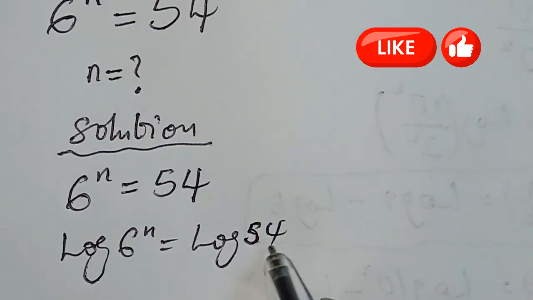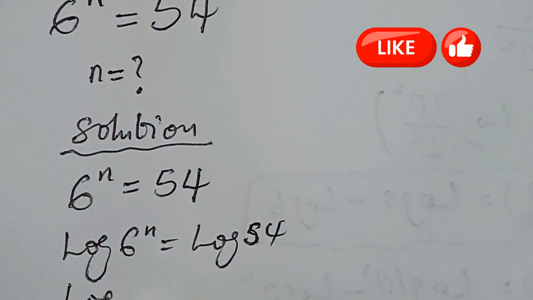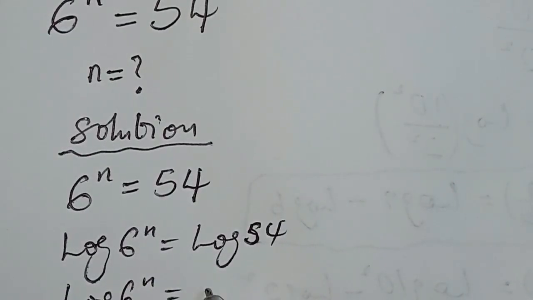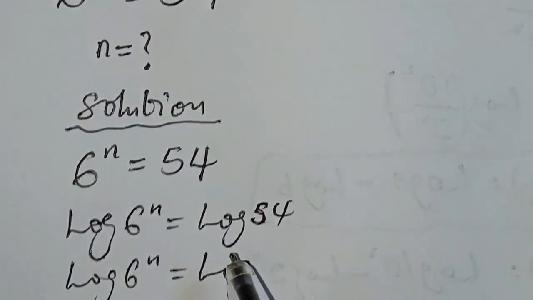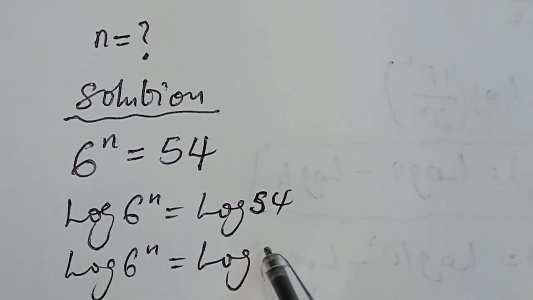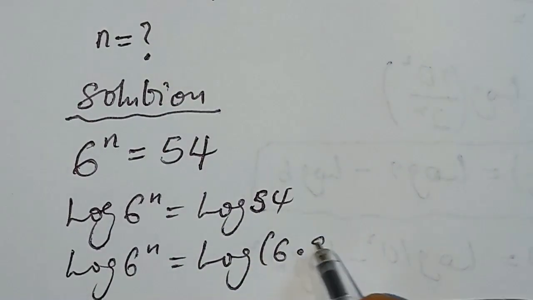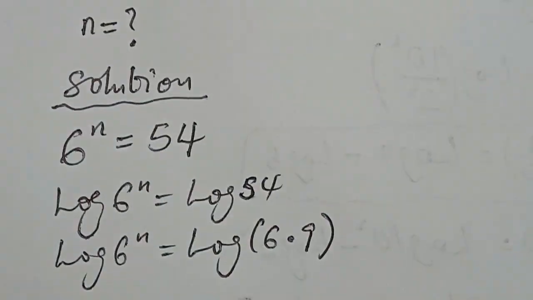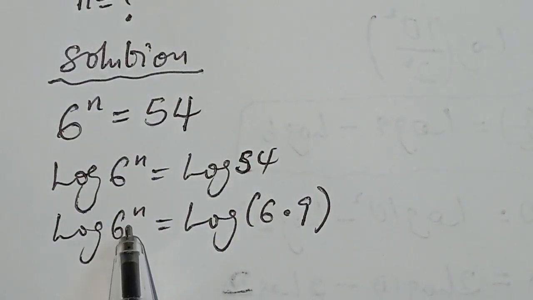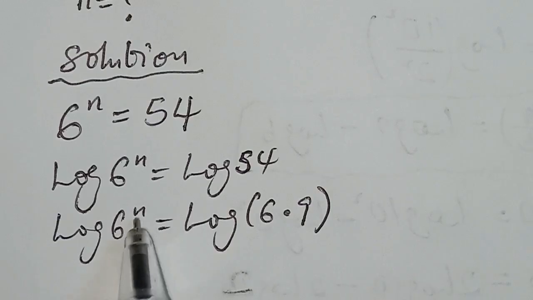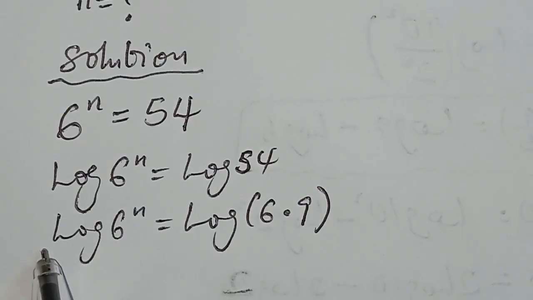Now we can simplify 54 as 6 multiplied by 9. Now we can bring the power n down in front.